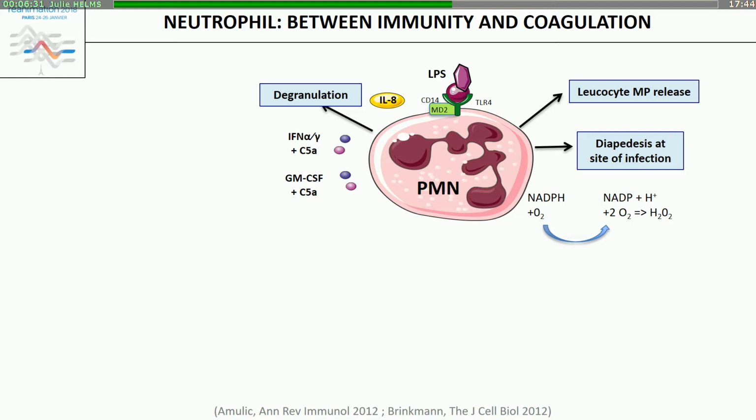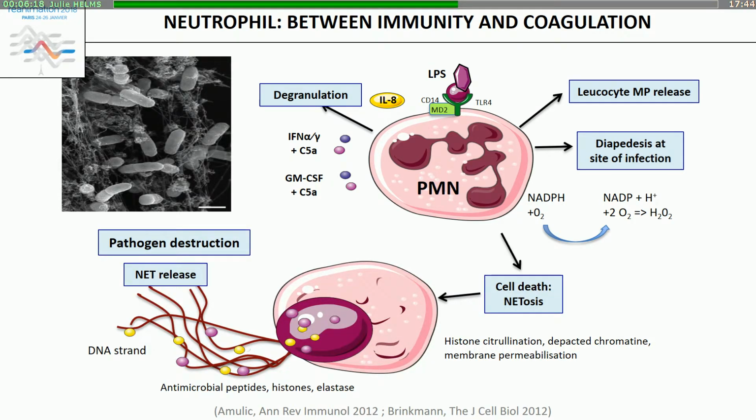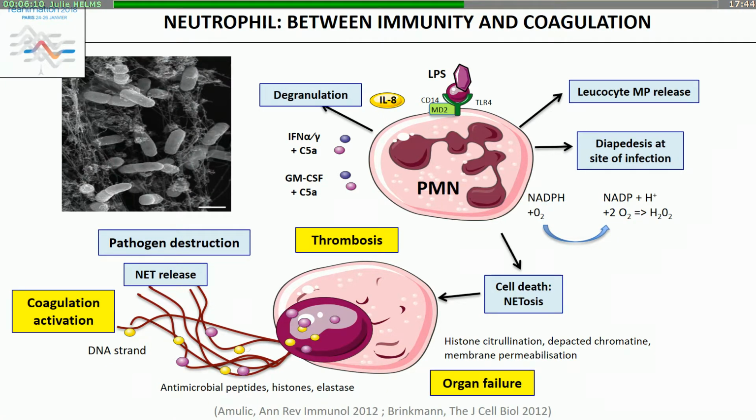They take part in host defense against pathogens through degranulation, through microparticle release, through diapedesis at the site of infection, but also through NETosis. And NETosis will take part in pathogen trapping and destruction, but NETosis will also take part in coagulation activation and in disseminated microthrombosis leading to organ failure.